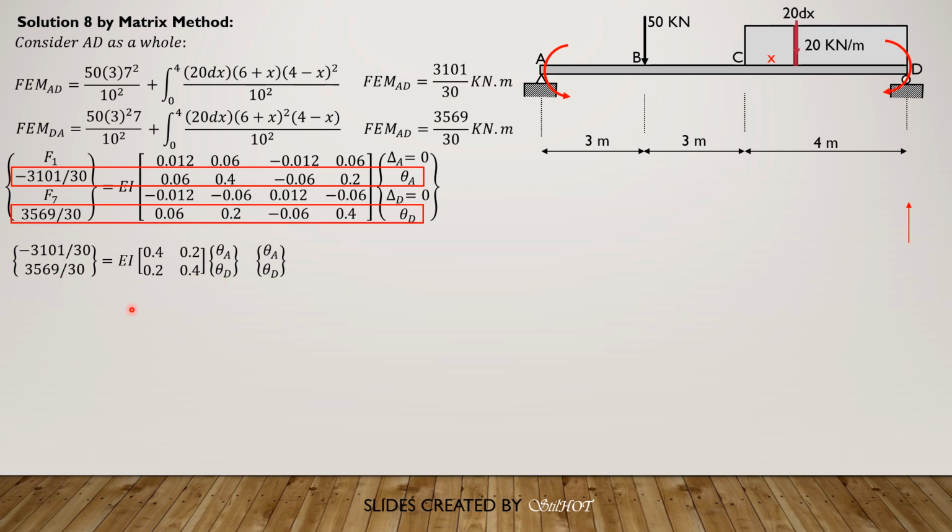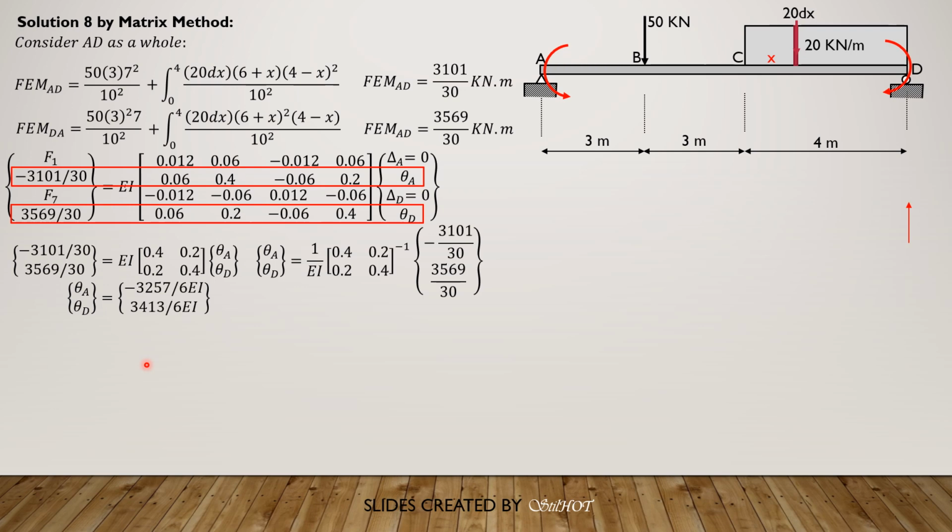So theta A theta D is equal to 1 over EI times the inverse of this matrix times this force matrix here. And the result is we have theta A and theta D equals negative 3257 over 6 EI and 3413 over 6 EI.